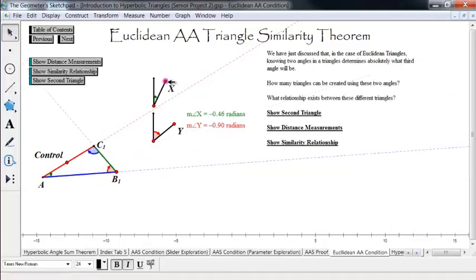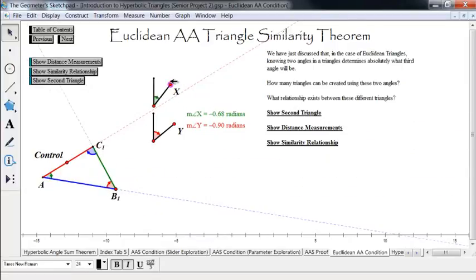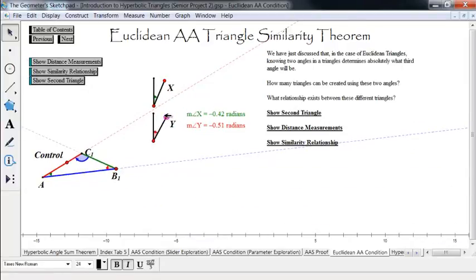So something interesting happens here. In Euclidean geometry, we can have an angle here and an angle here. We can have those two angles, but we can move this around here, and there are many possibilities for the lengths of the sides.